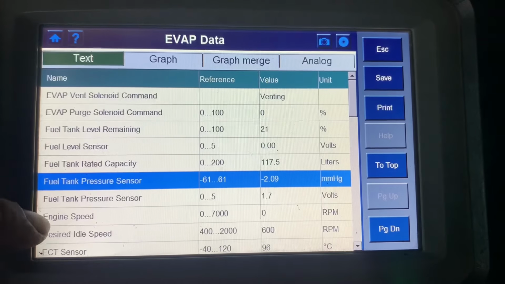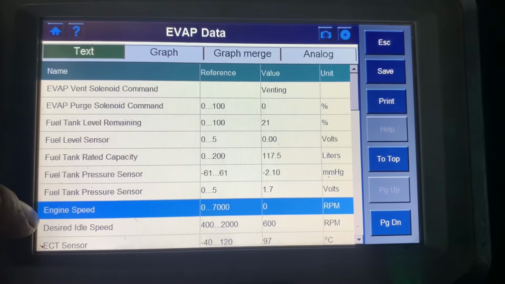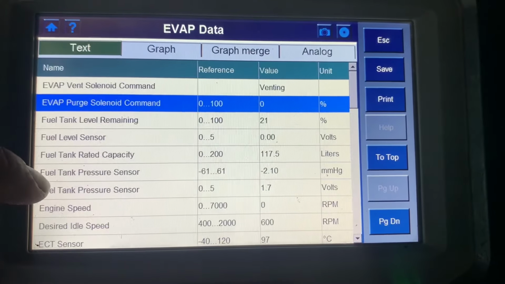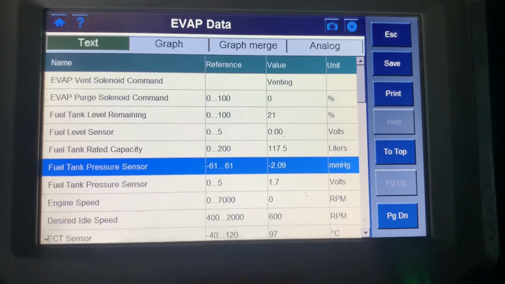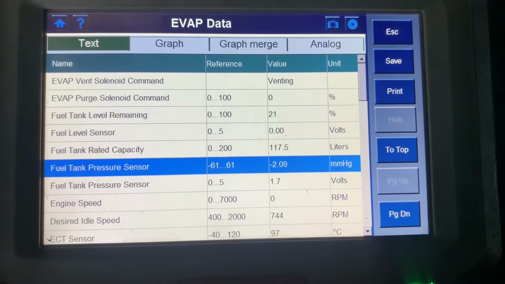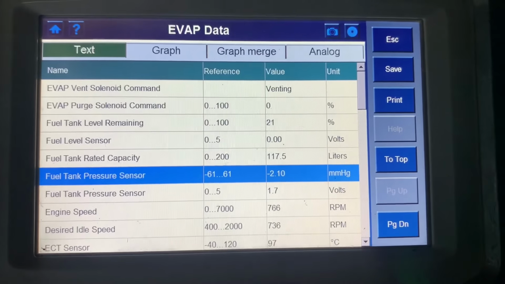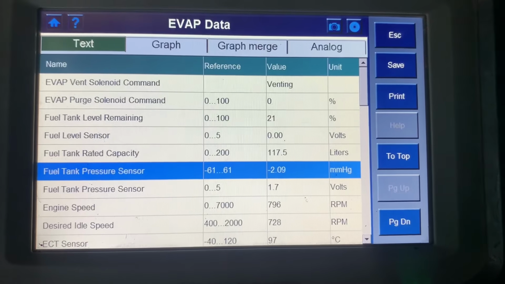The purge solenoid has been replaced and the engine is off. So let's start the engine and see how it goes. As you can see, the engine is running and purge command is 0.